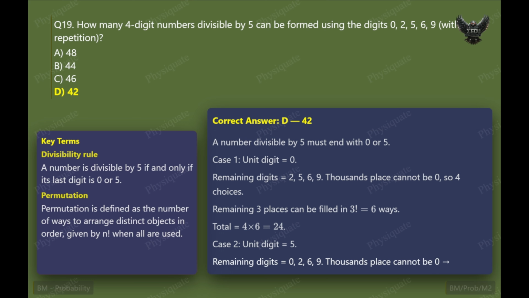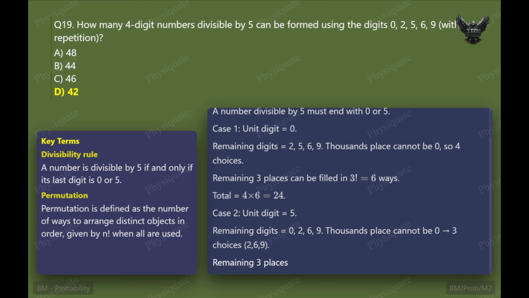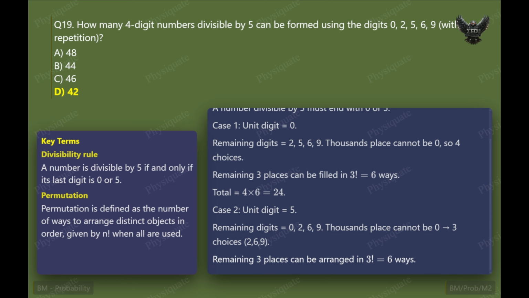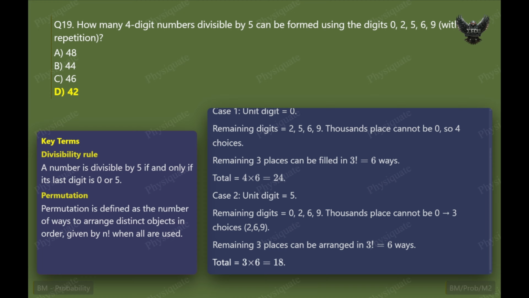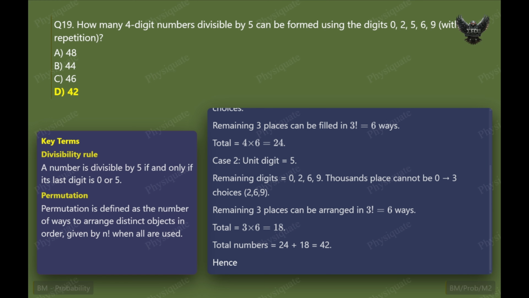Thousands place cannot be 0, so 3 choices: 2, 6, 9. Remaining 3 places can be arranged in 3 factorial equals 6 ways. Total equals 3 times 6 equals 18. Total numbers equals 24 plus 18 equals 42. Hence, the correct answer is 42.